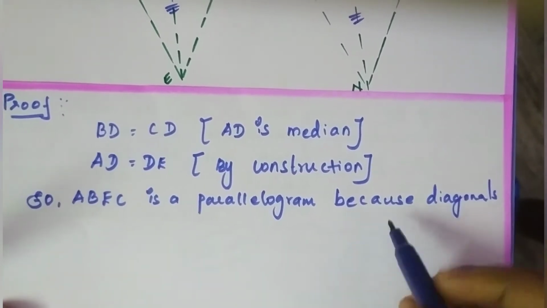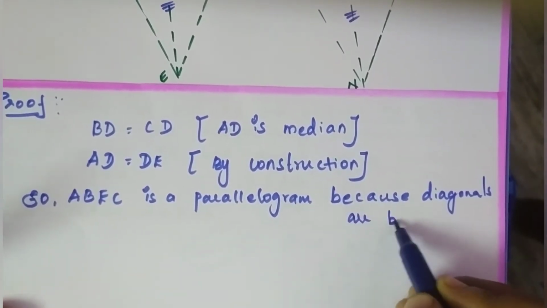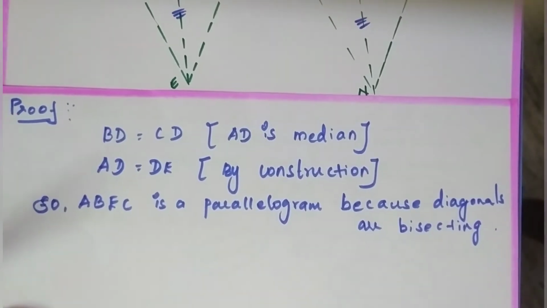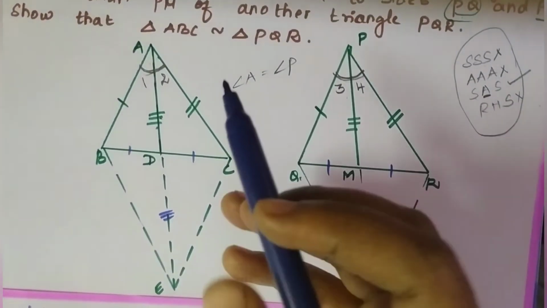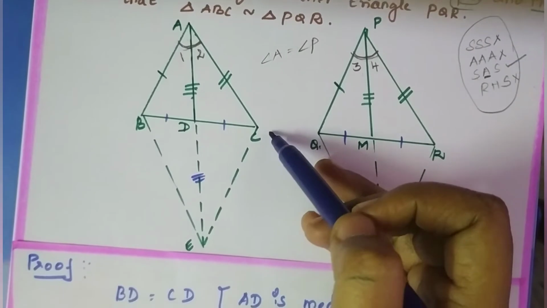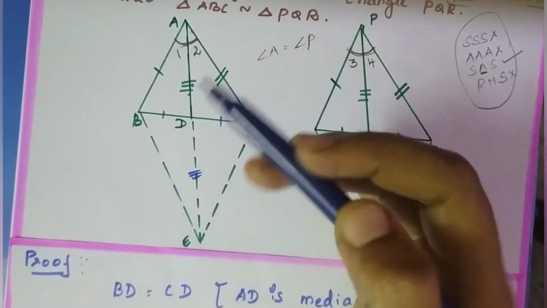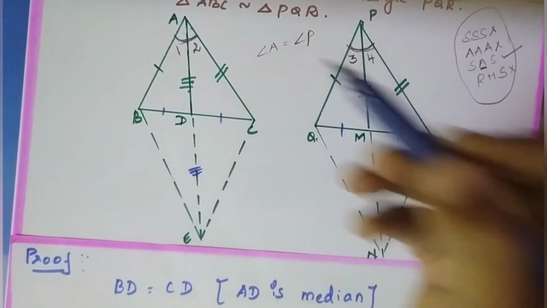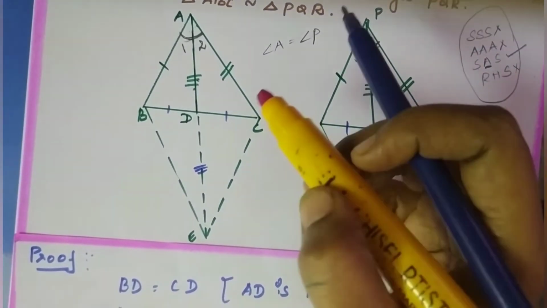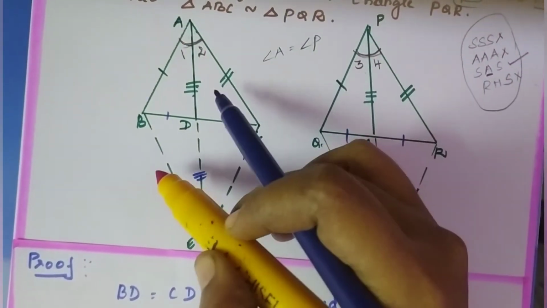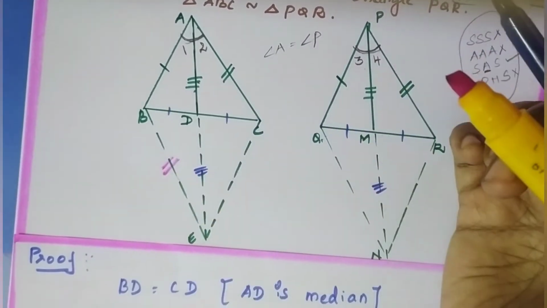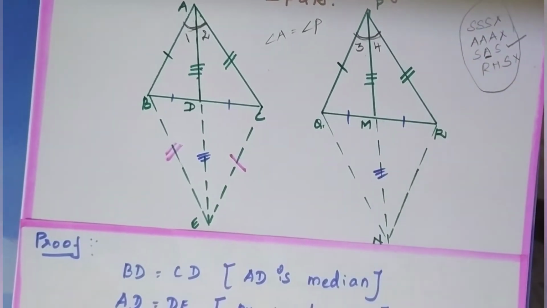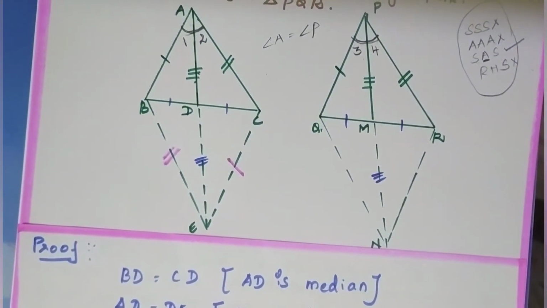because diagonals are bisecting. Since ABEC is a parallelogram, I can tell that opposite sides are equal in the parallelogram. Which one is the opposite side? AC is equal to BE and AB is equal to CE.